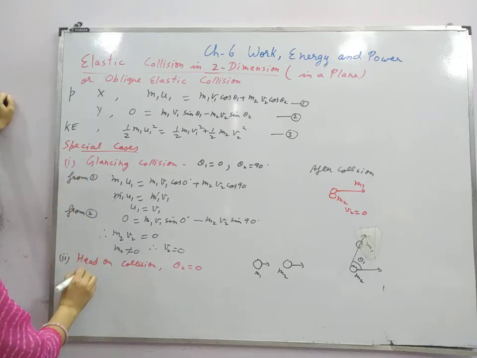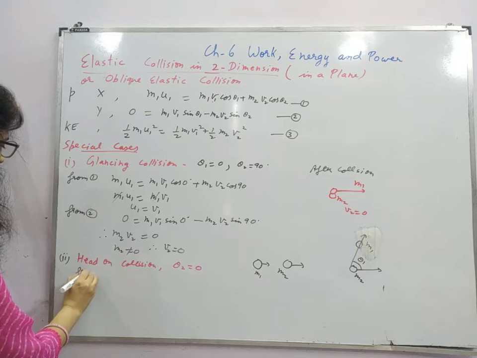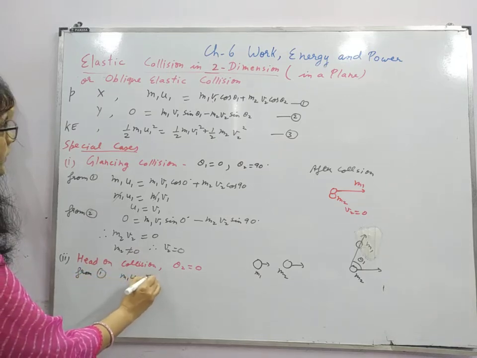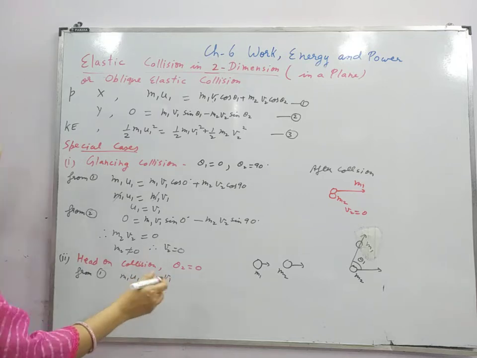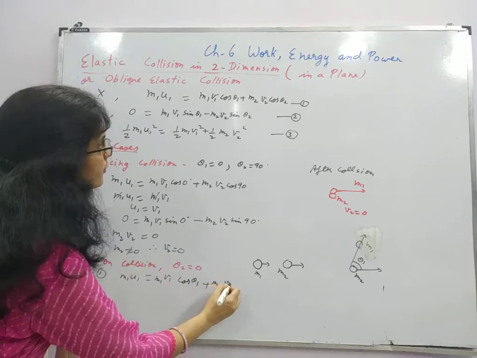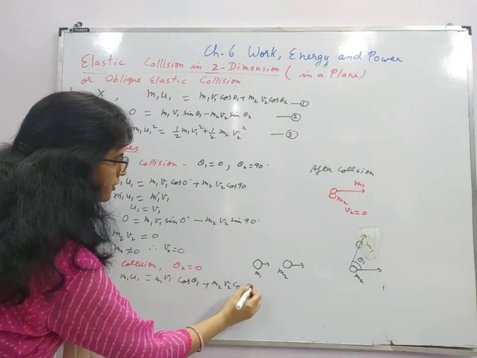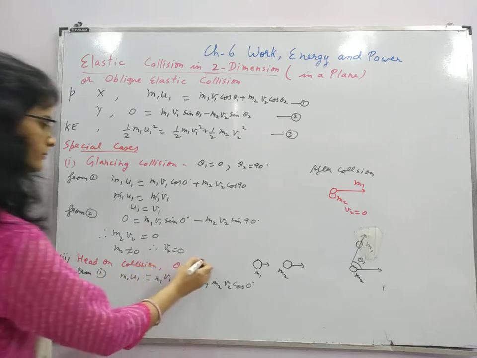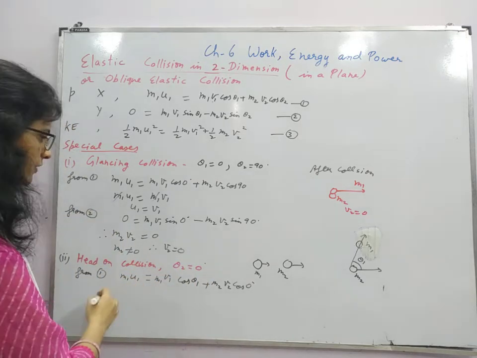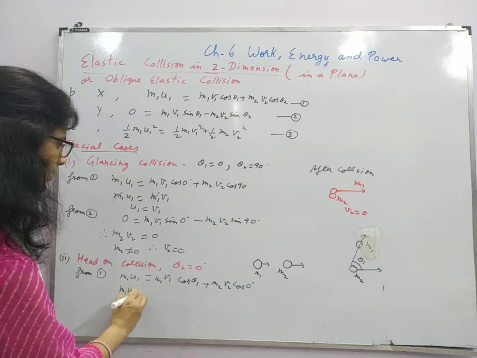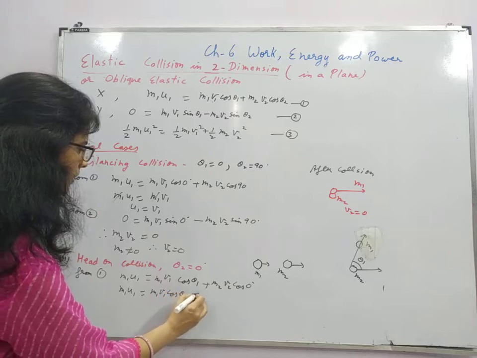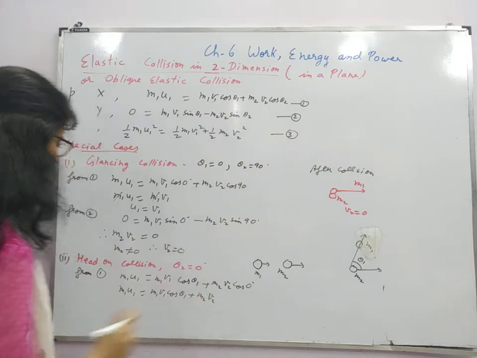So first, from 1 we are getting m1 u1 is equal to m1 v1 cos theta 1 plus m2 v2 cos of 0 degree. Cos 0 is 1, so the result is m1 u1 is equal to m1 v1 cos theta 1 plus m2 v2.